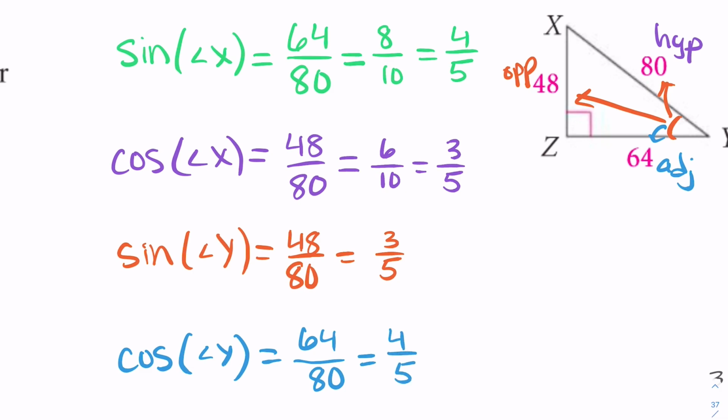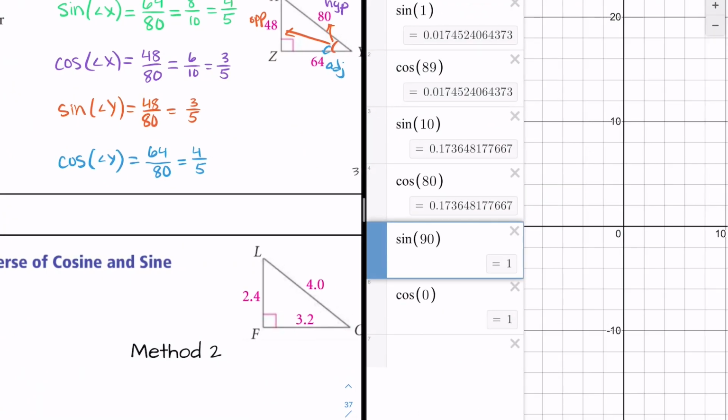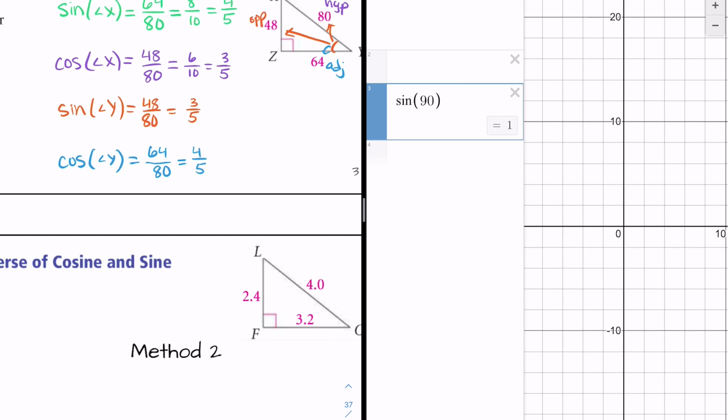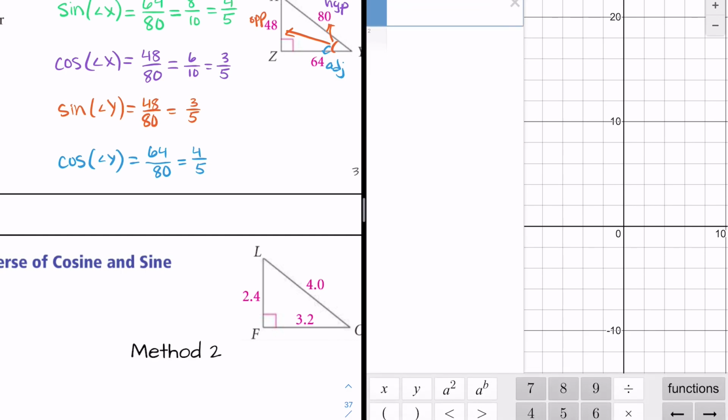So, yeah, 64 divided by 80. Let's have this 64 divided by 80. Whoops, let's clear some of these out. It is 4/5, and 48 divided by 80 is 0.6 or 3/5, I mean.